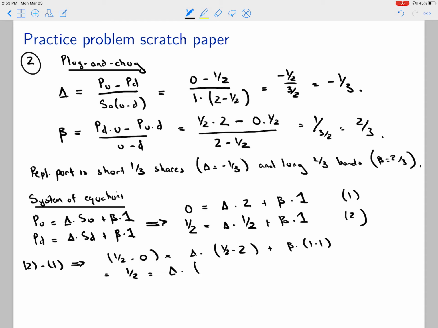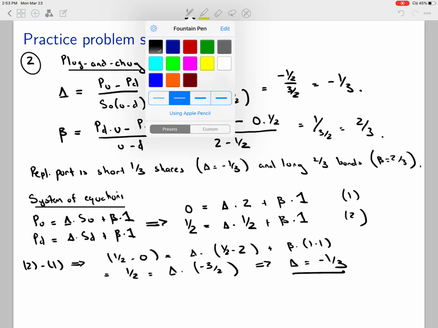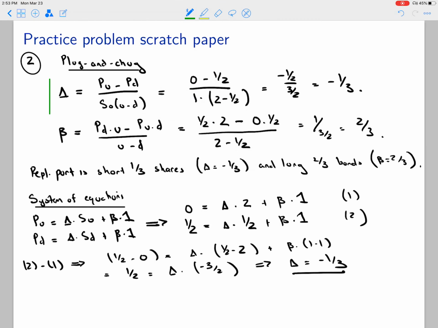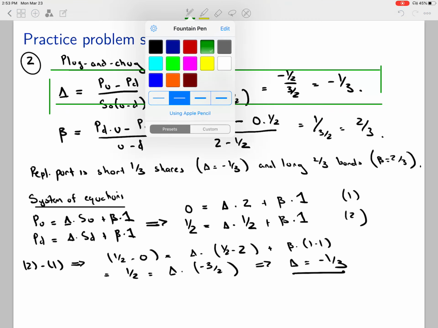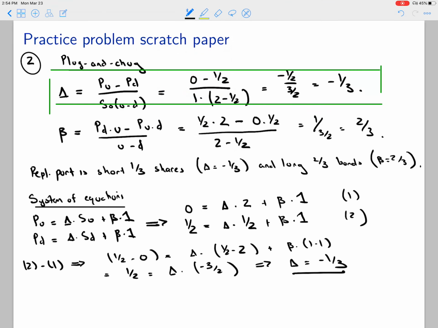This is equal to delta times negative 3/2. This implies that delta equals negative 1/3, just like we solved for above. So above we had that delta was equal to negative 1/3 using the formula. Now if we solve the system of equations, we get the same exact result.